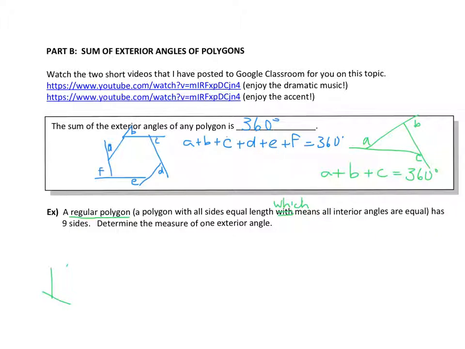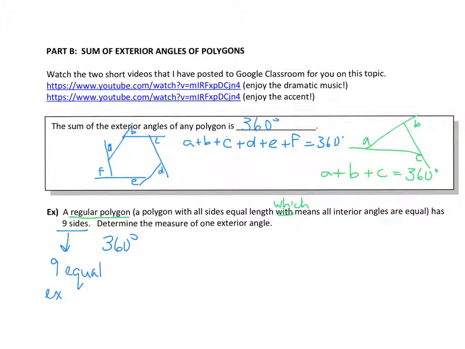If I have a regular polygon, all the exterior angles will also be equal, and there will be 9 of them. And we know that if we take all 9 exterior angles, they have to add up to 360. So to work backwards, we're going to take our 360 degrees. There are 9 sides, so there will be 9 equal exterior angles.